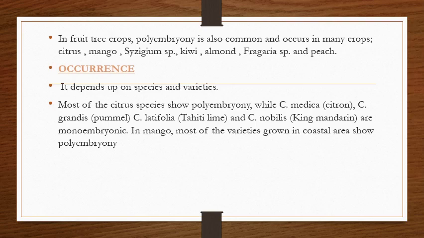In other words, not all the species of a genus exhibit polyembryony, and not all varieties of a species show polyembryony, and the reason could be genetic. Most of the citrus species show polyembryony, while Citrus medica, Citrus grandis, Citrus latifolia and Citrus nobilis are monoembryonic. In mango, most of the varieties grown in coastal areas show polyembryony.